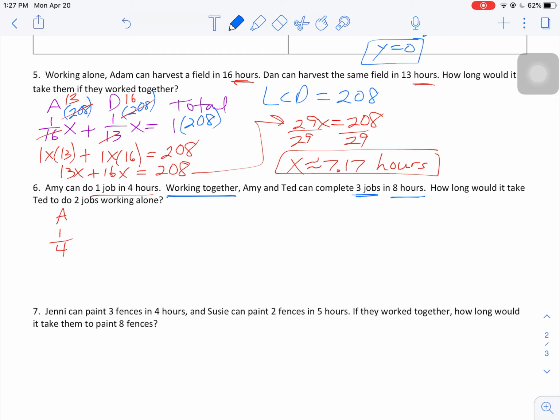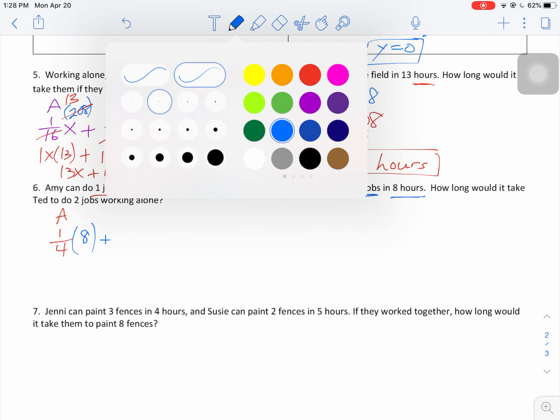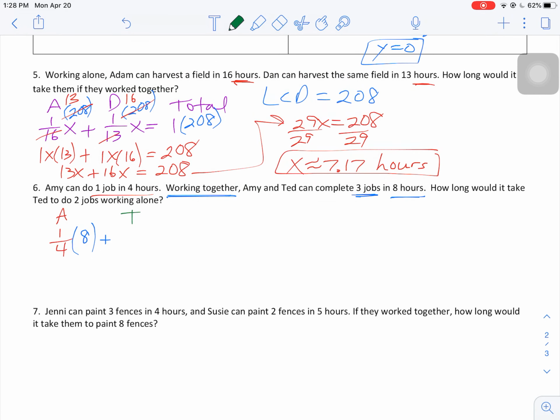So I'm going to do 8 here, and then plus Ted. We're looking to see how long it takes him to do 2 jobs in how many hours.